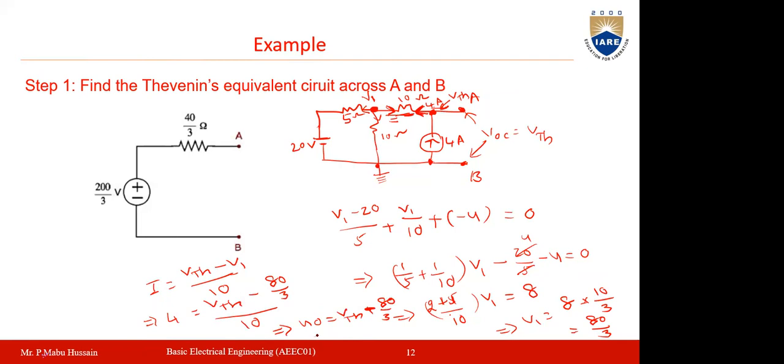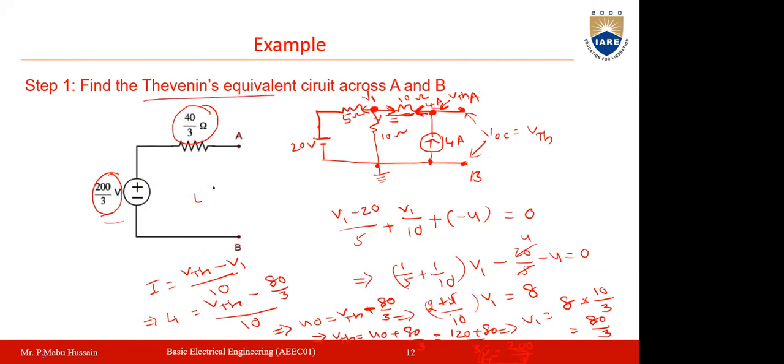From this, V Thevenin can be written as 40 plus 80 by 3, so 120 plus 80 by 3. Total you will get 200 by 3. So V Thevenin's value is 200 by 3. R Thevenin's value is already calculated, which is 40 by 3, and V Thevenin's value you are getting here is 200 by 3. So we are going to substitute them in the Thevenin's equivalent circuit.